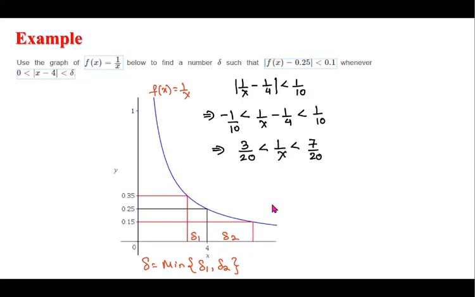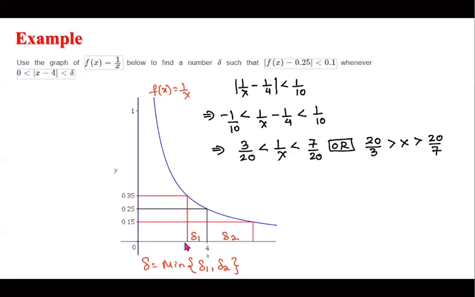If we take the reciprocal, that will be 20 over 3 greater than x, greater than 20 over 7, because the inequality sign will flip. So basically your x value is between 20 over 7 and 20 over 3.